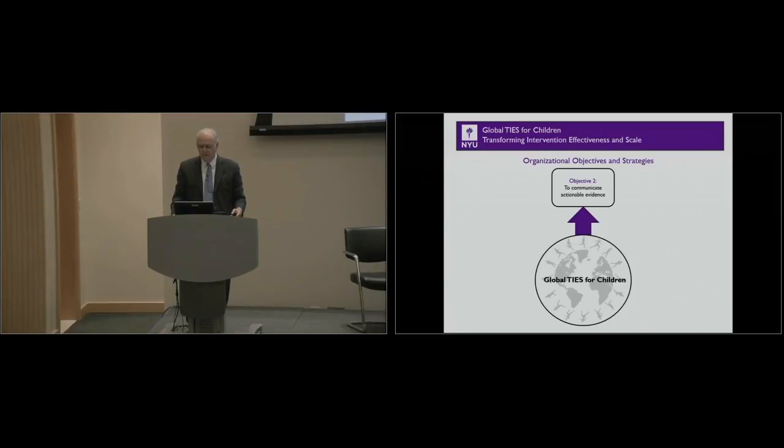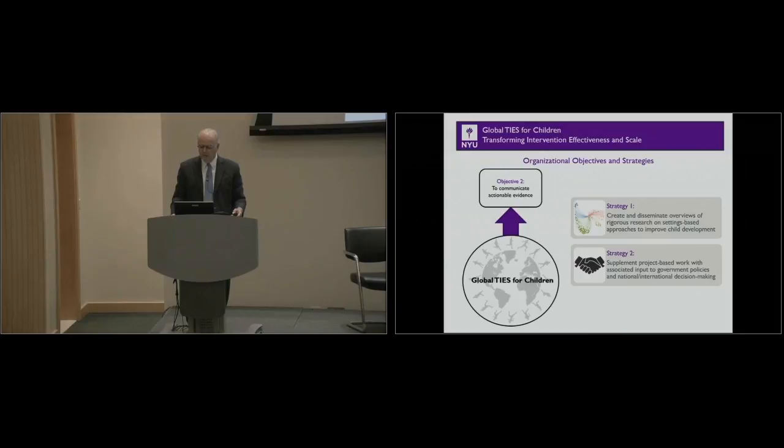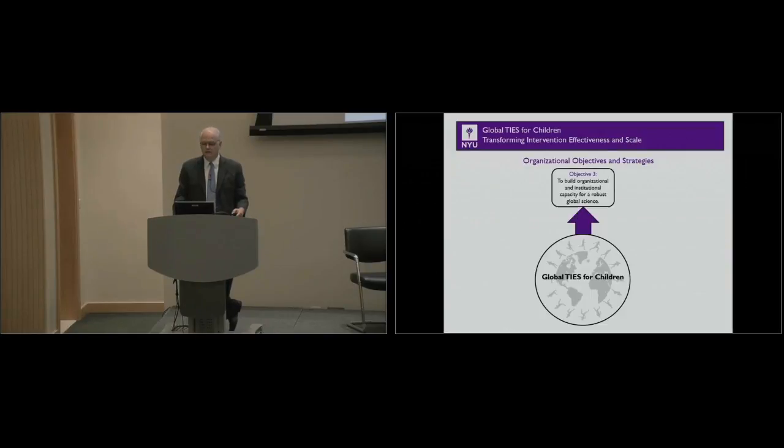So again, there's a number of specific strategies, but we create and disseminate overviews of rigorous research, ours and others, and we supplement that work with input to governments and other international decision-making organizations.